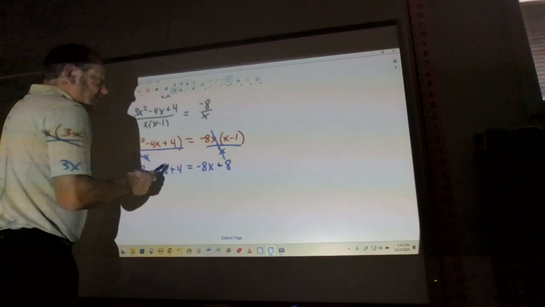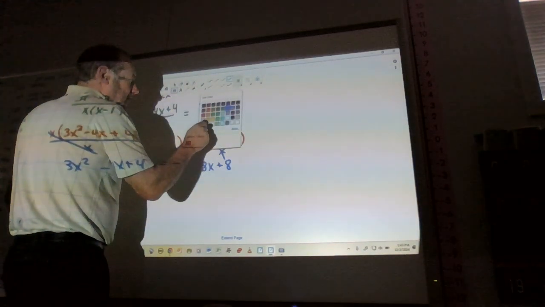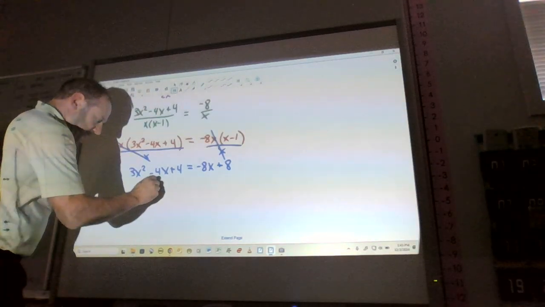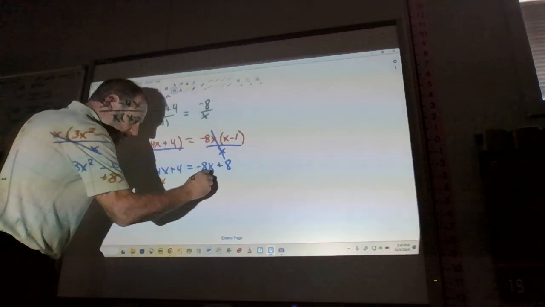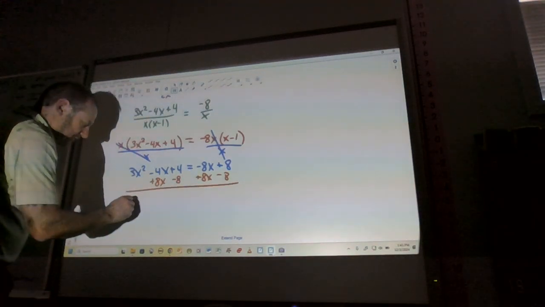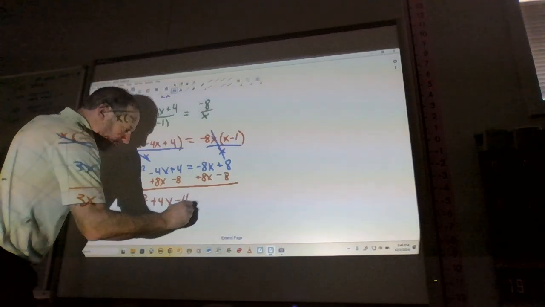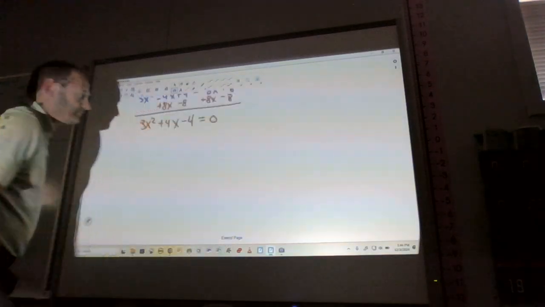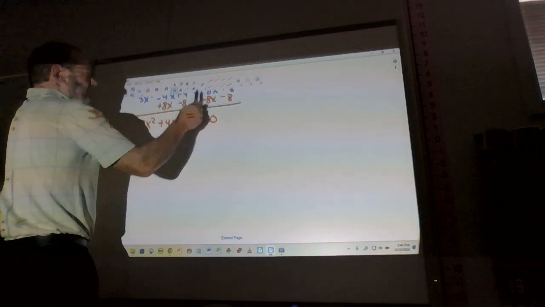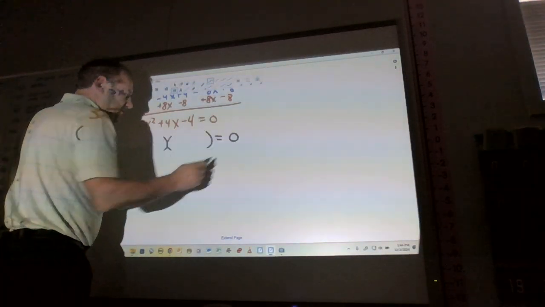And then I'm going to move these all to one side over here. So I would add 8x to both sides, and I would subtract 8 from both sides. So I'm going to get 3x squared plus 4x minus 4 equals 0. Now, this is going to have two solutions. I'm going to go ahead and factor this thing. See if I can factor it.